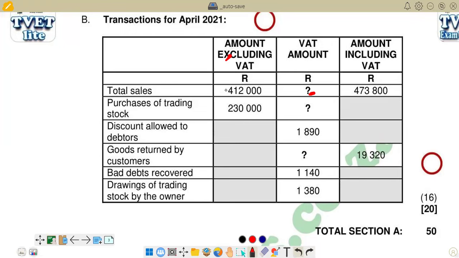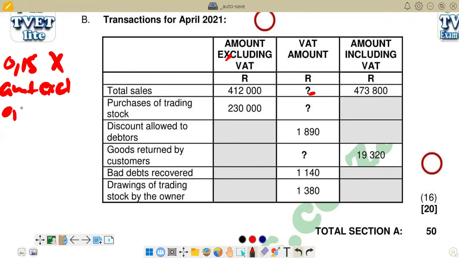So the formula that we are going to use, when you are given the amount excluding VAT, is 0.15, which is 15%, times the amount excluding VAT. So then you get the VAT component.